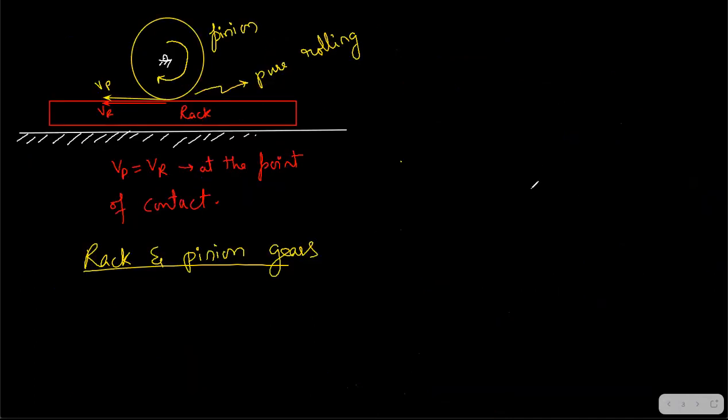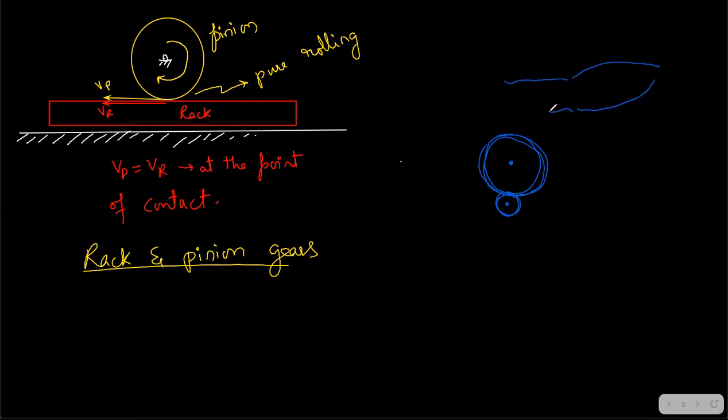For example, you have your bike. In your bike you have a small gear which will rotate the larger gear. This is coming from the engine, and this is the gear which needs to be rotated. Now on this gear, what are the loads? I'm not a good artist, please don't judge me by my drawings.